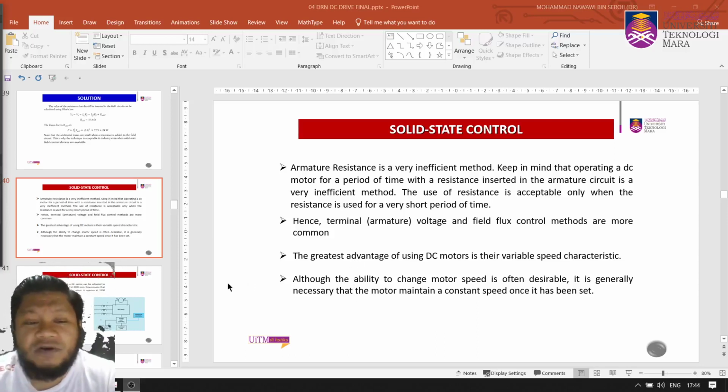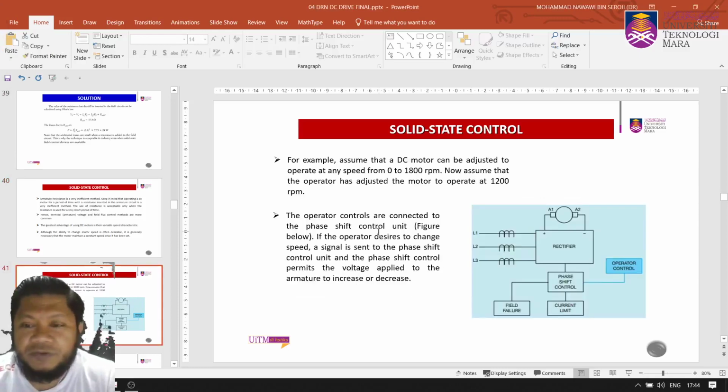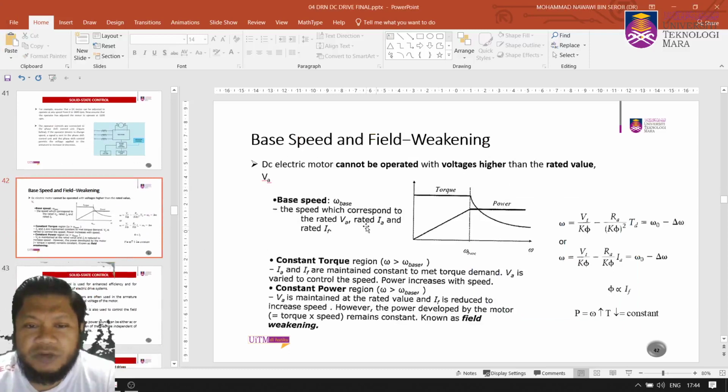We have discussed in the first few slides how we define what a base speed is and what field weakening is.